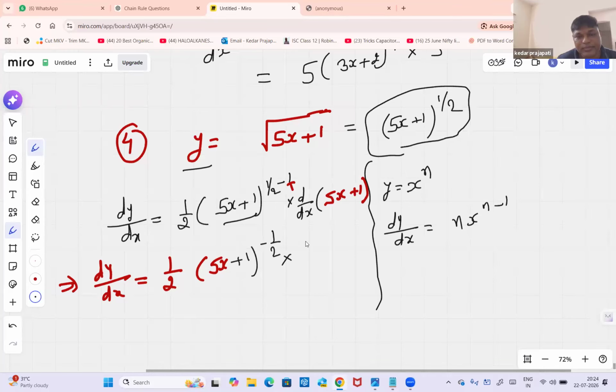Now we have to differentiate this. d by dx of 5x will be 5, and d by dx of 1 will be 0. Yes, 5 plus 0.